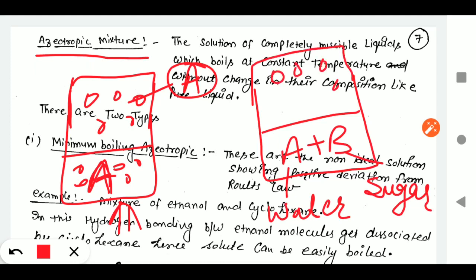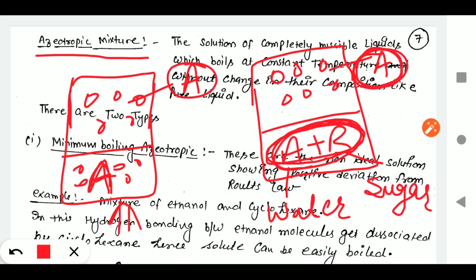Vapor of A, not the vapor of B, because water is more volatile than sugar. So there is a difference in the composition of the liquid phase and the vapor phase, because in the liquid phase the composition is A and B, but in the vapor phase only A is there. Is it clear? So here you can separate A from B.